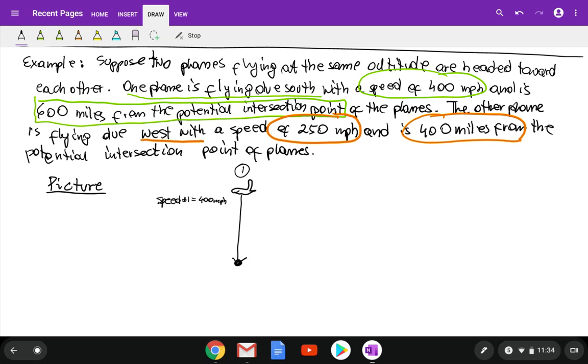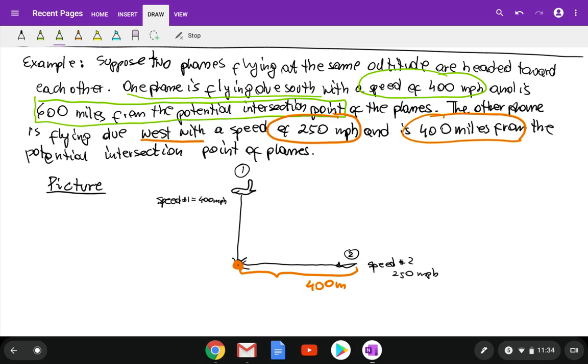Then we have plane 2 somewhere here, and plane 2 is flying west. We know that plane 2 has a speed of 250 miles per hour, and it's 400 miles from the potential intersection. So at the beginning, if we stop time, plane 2 will be 400 miles from the intersection. This is the intersection point.